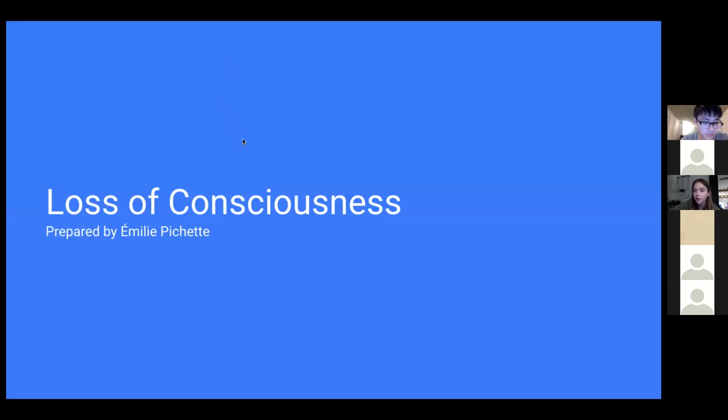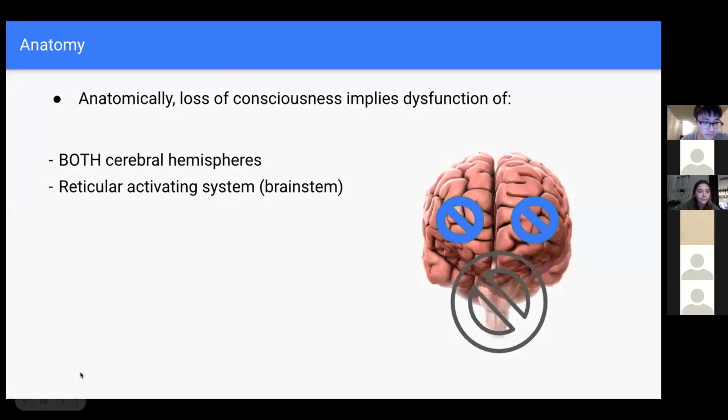I'll be covering loss of consciousness and talking a bit about seizures today. So just a reminder that anatomically, loss of consciousness implies dysfunction of both cerebral hemispheres or the reticular activating system, which is in the brainstem.